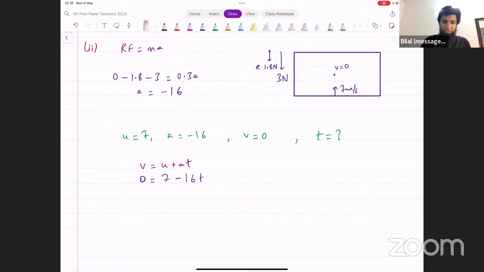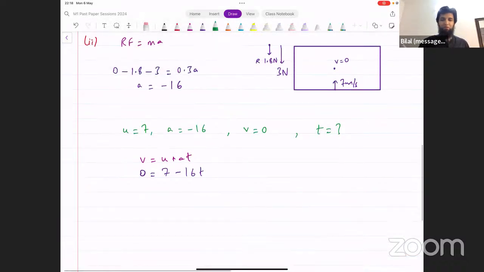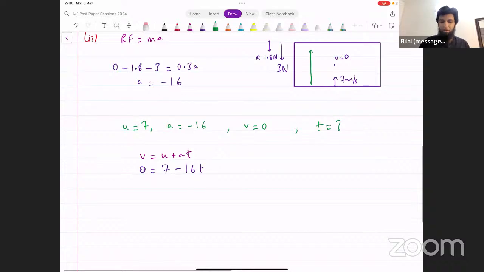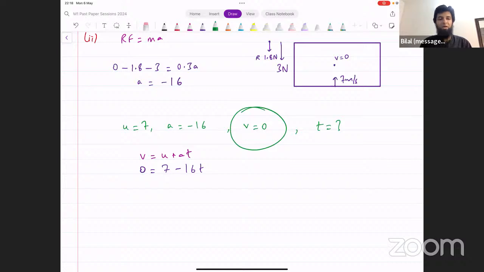The problem is we're not getting a value for t because this is the acceleration inside water. When we put v equal to 0 here, we do not get any value for time. Why? Because inside water, its final velocity is not becoming 0.